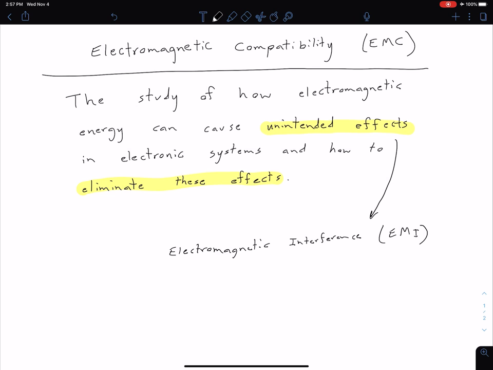So EMI, EMC, and then we can also have a subset of electromagnetic interference, which is at radio frequencies. This is going to be called radio frequency interference, which we can also abbreviate as RFI.